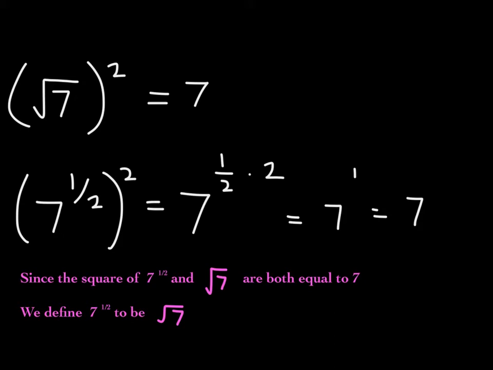Because we see that the square of 7 to the 1/2 and the square of the square root of 7 are both equal to 7, we define 7 to the 1/2 power to be the square root of 7. So 7 to the 1/2 power is the square root of 7.